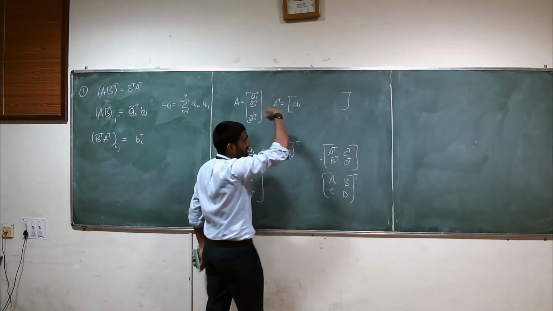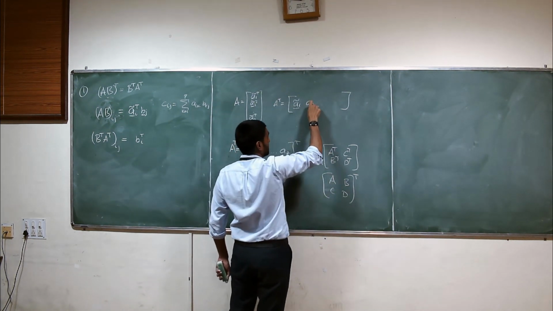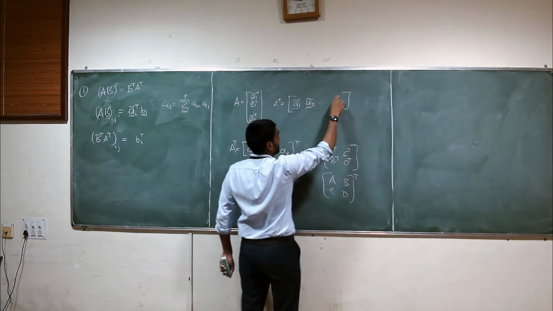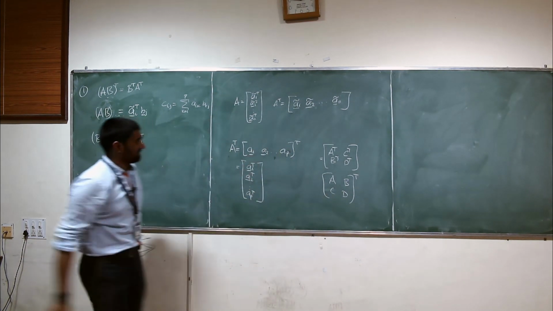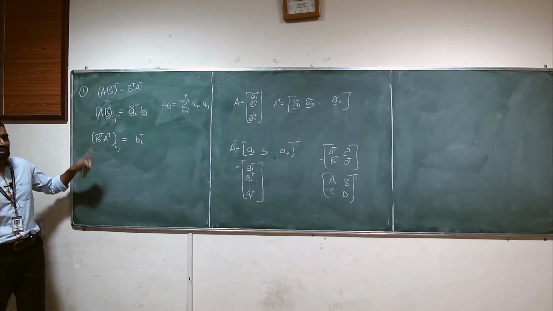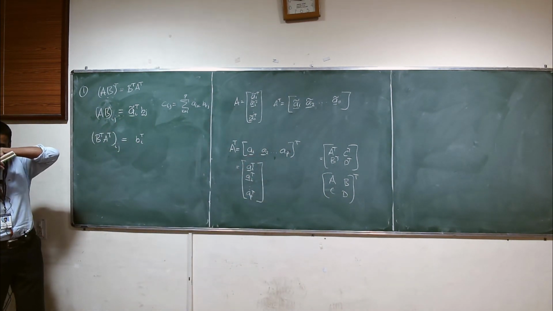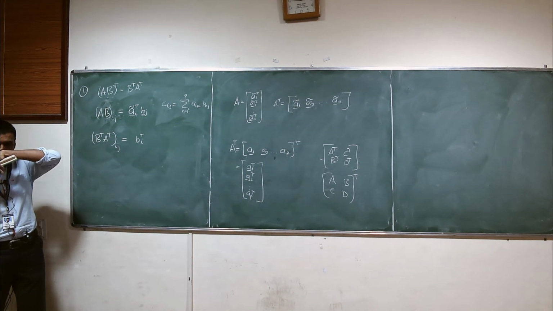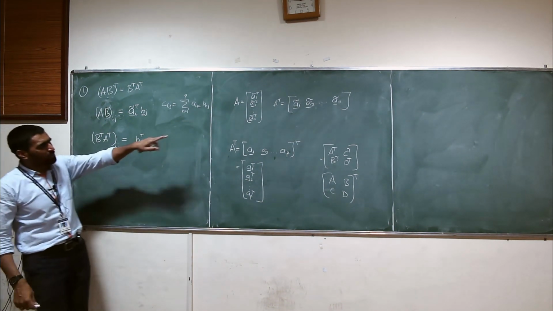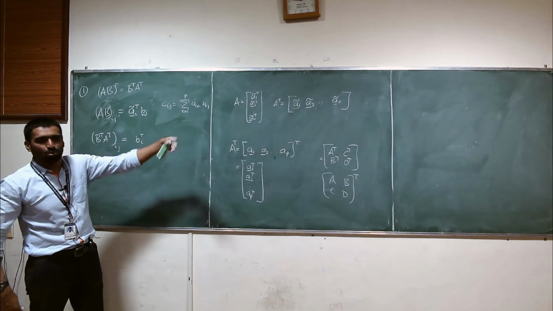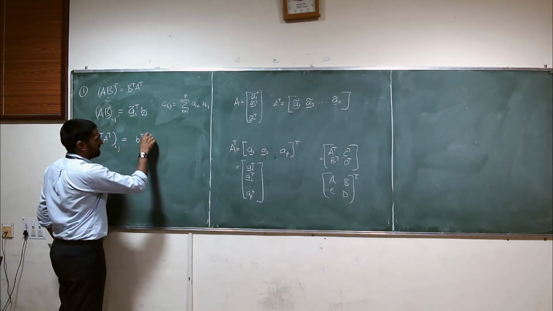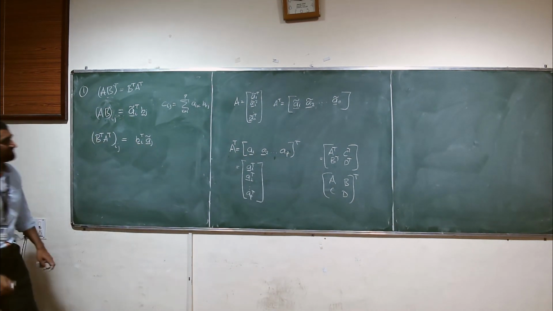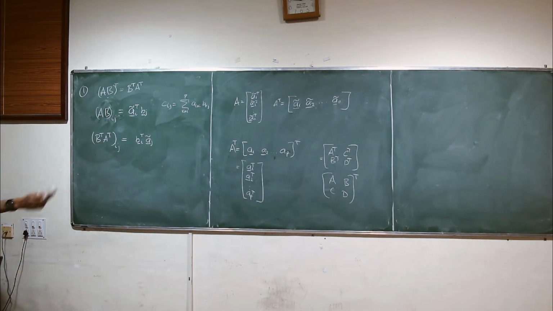Double transpose takes you to the original element. So it's A-N. Is that clear? So what would be the jth column of A transpose? It will simply be the transpose of the jth row of A. Okay.